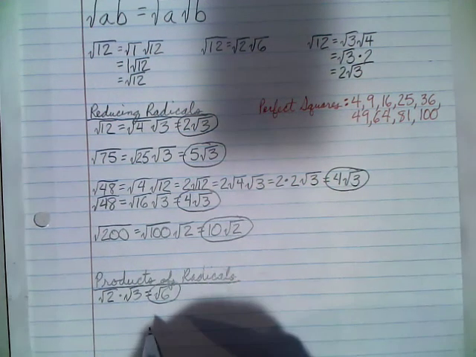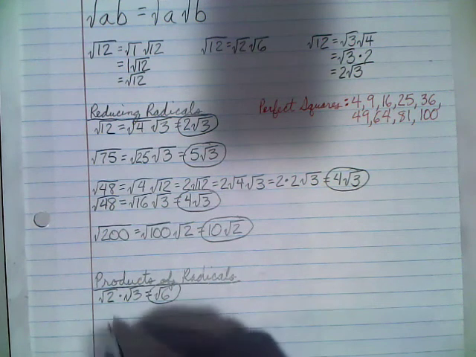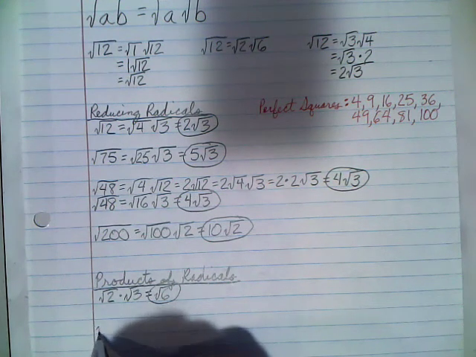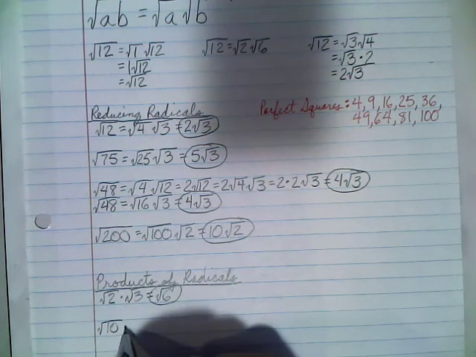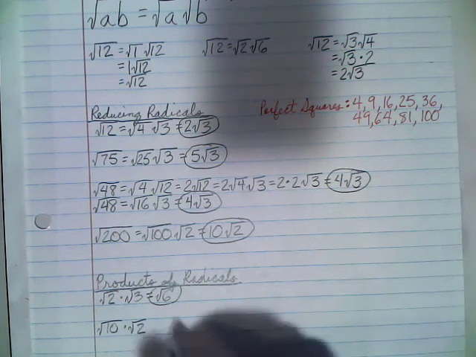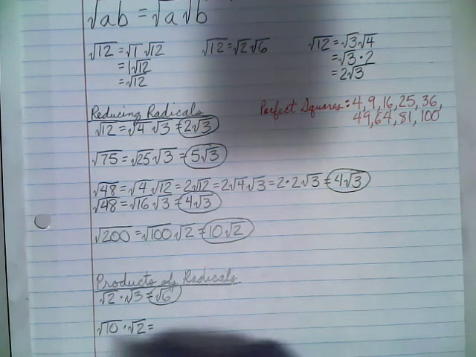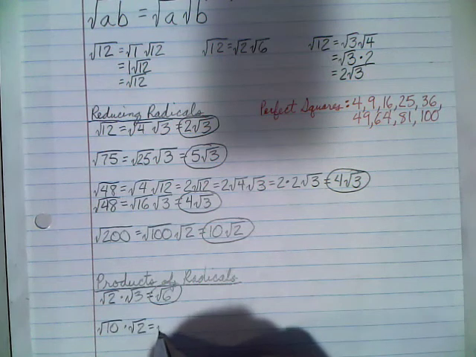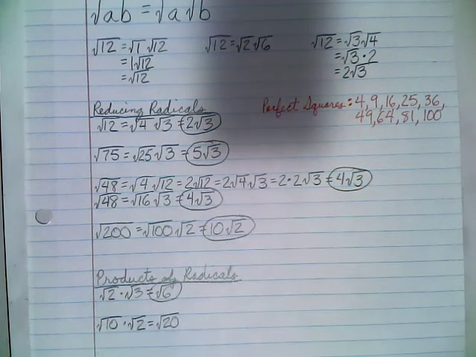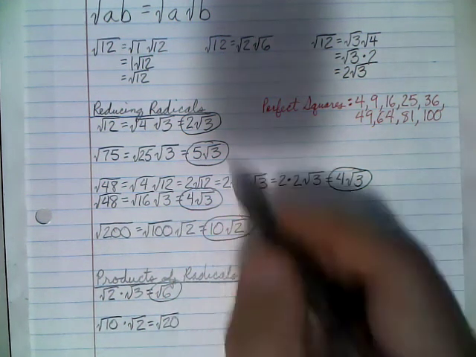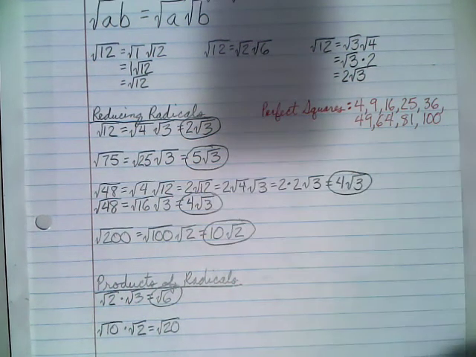If we move on here, let's take a look now at the square root of 10 times the square root of 2. So square root of 10 times square root of 2, well, 2 times 10 is 20. Now, ladies and gentlemen, if you circle your answer right there, unfortunately, you are going to get your answer wrong, because as we're doing these, we have to consider what we learned up here.